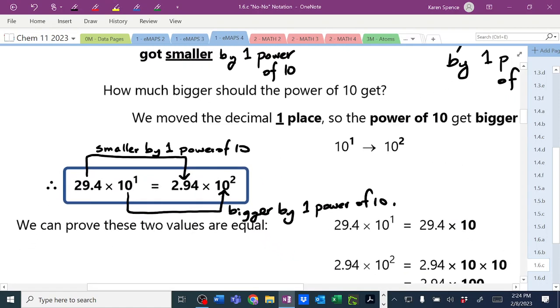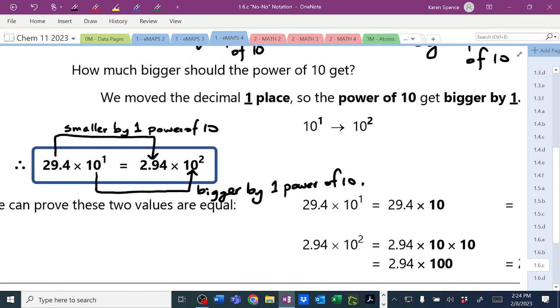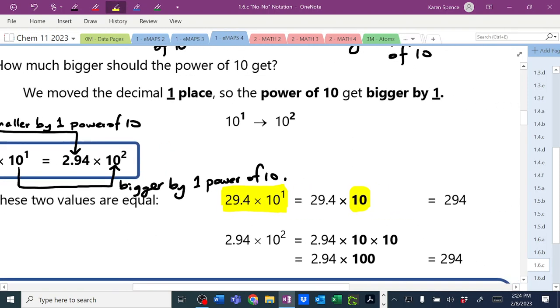We can prove to ourselves that these two things are equal. We can say, well, if I took my 29.4 times 10 to the 1, 10 to the 1 is just 10. So 29.4 times 10 is 294. Yes?